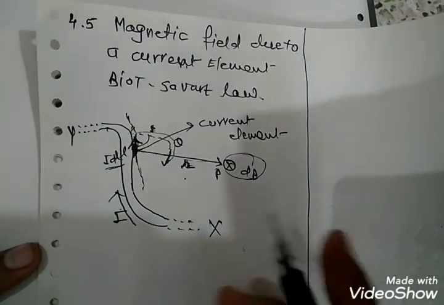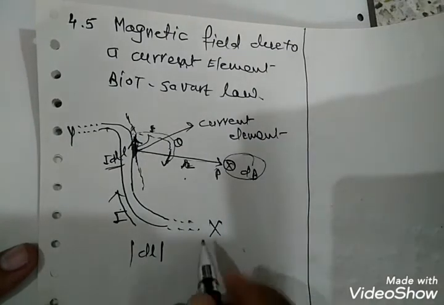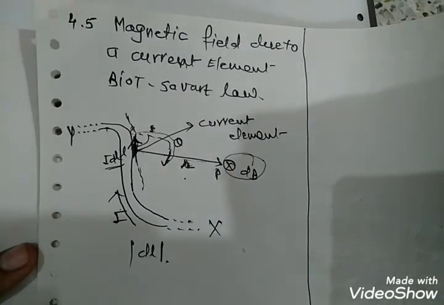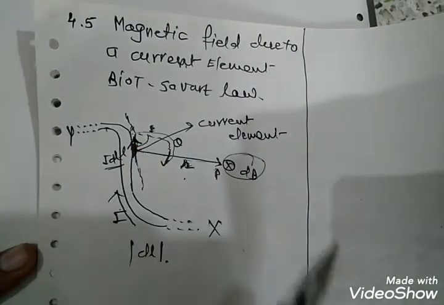According to the Biot-Savart law, the magnitude of the magnetic field dB is proportional to the current I and the element length dl, and inversely proportional to the square of the distance r.